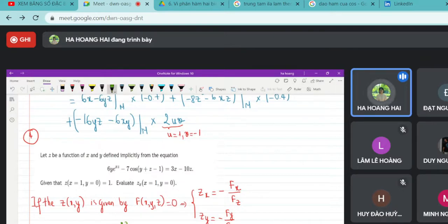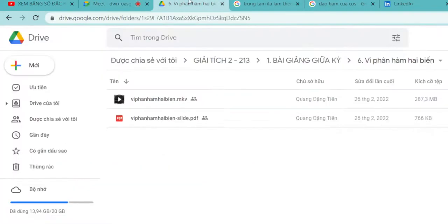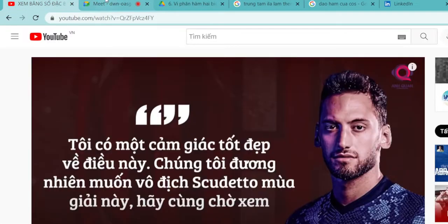Now we need to find the three partial derivatives at the point. We need to find fx, fy, and fz at the point x equal to 1, y equal to 0, and z equal to 1, because we are given that the value of z at this point equals 1.